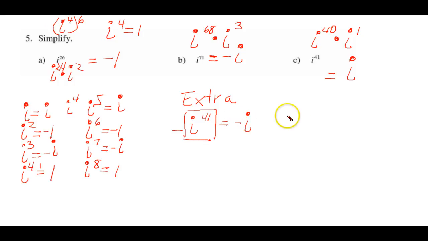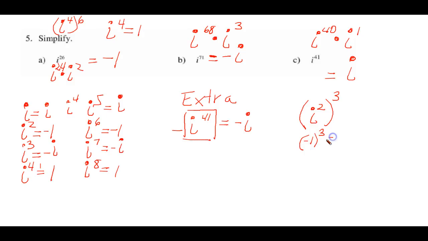Now others might be something like this. i to the second raised to the third power. Well, what is i to the second? This is a negative 1.